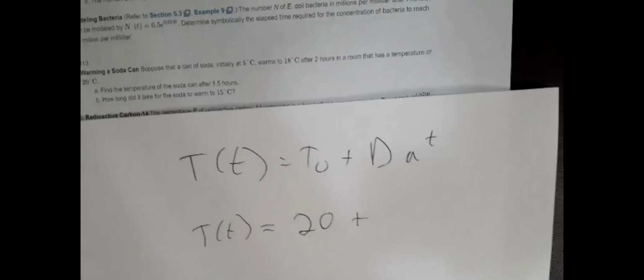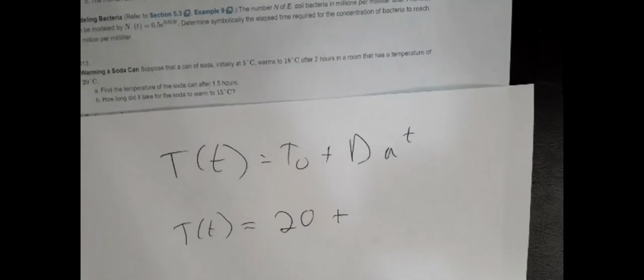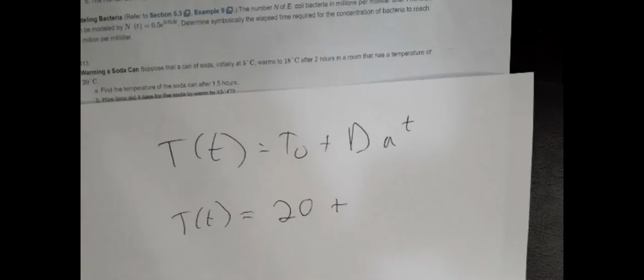T naught is the temperature in the room. 2 hours, it's 18 degrees. How long did it take for 15? D should be the difference between an object and the room. So it should be 5 minus the room, which is 20.